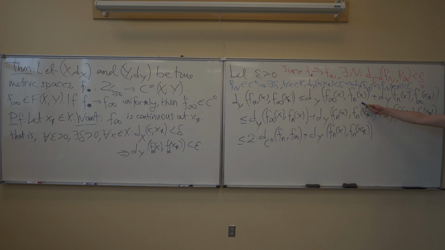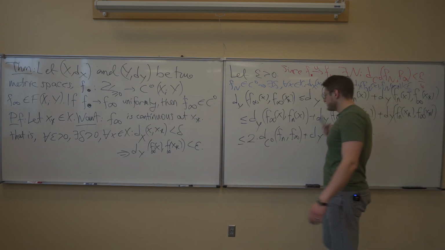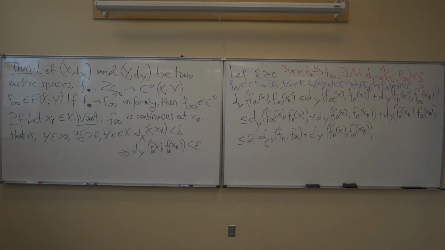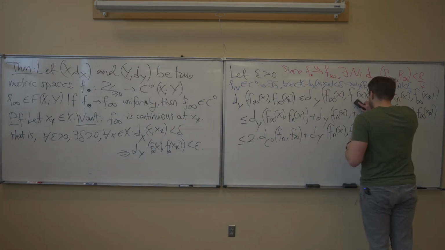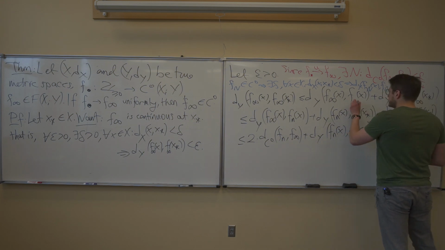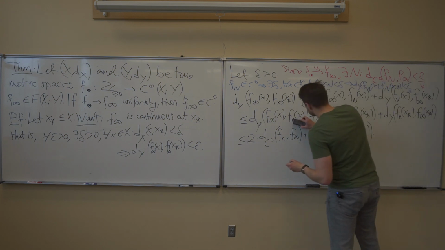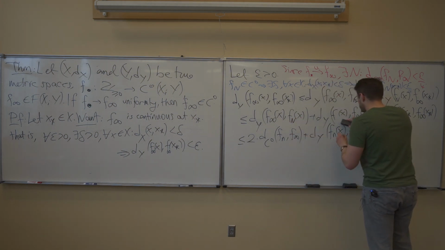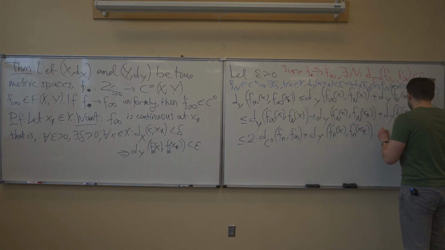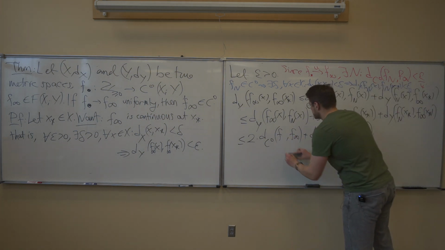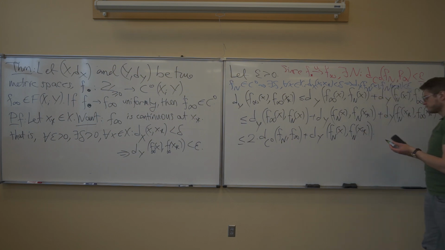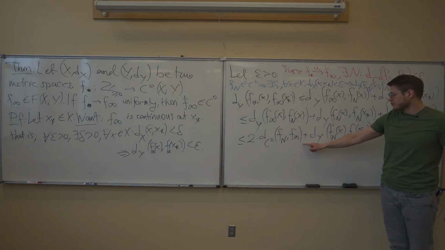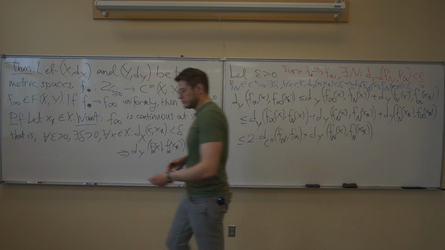Here I had all the freedom about which index n I was going to use, so I might as well choose that n to be this capital N. So let me just update this, so that ultimately this is bounded from above by epsilon over 4, and this is bounded from above by epsilon over 2.